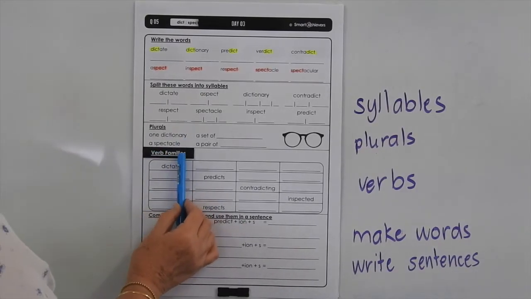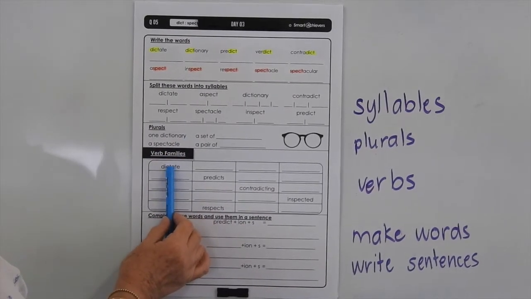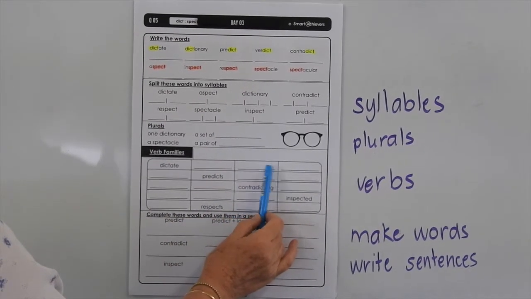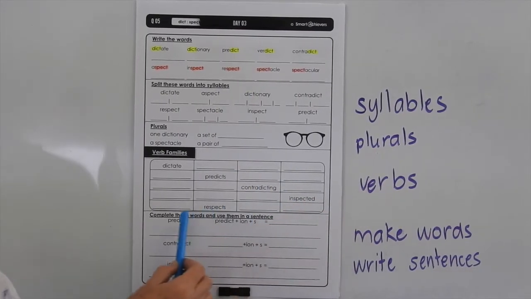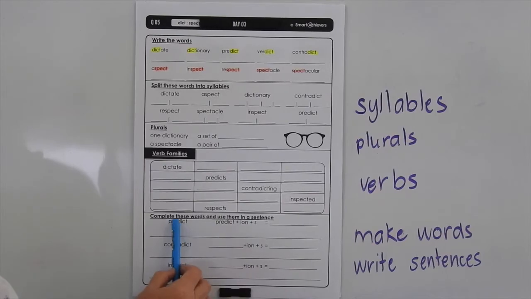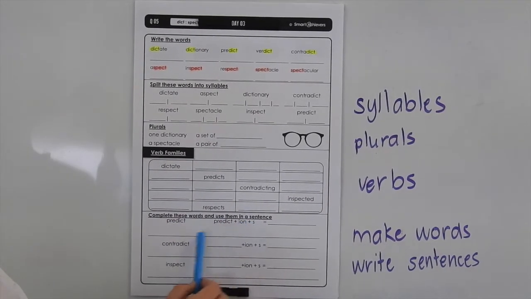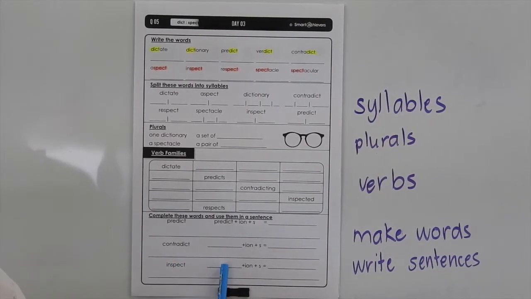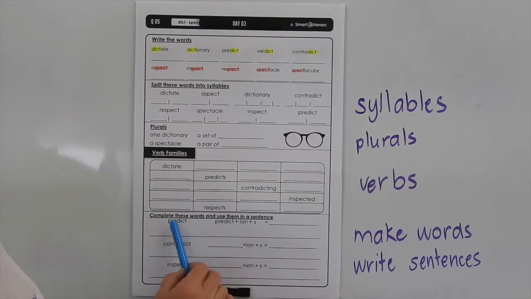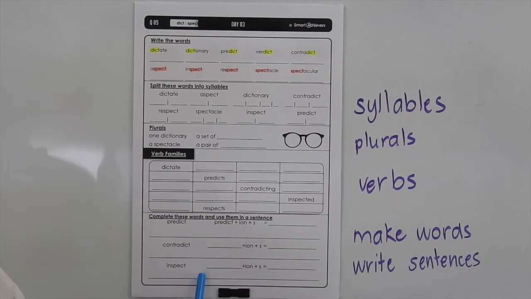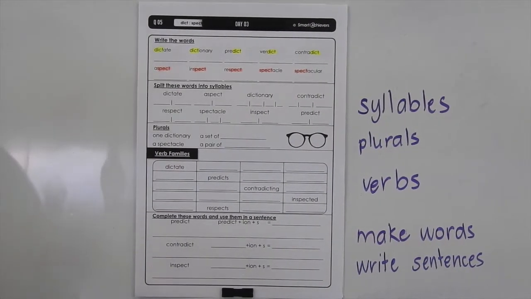Down here you've got verb families, so you're just going to follow the usual pattern of dictate, dictates, dictating and dictated. Down the bottom you have to complete these words and use them in a sentence, so you're going to go from predict to predictions, from contradict to contradictions, and inspect to inspections. And please write interesting sentences for each of those with some adverbs and adjectives in them.